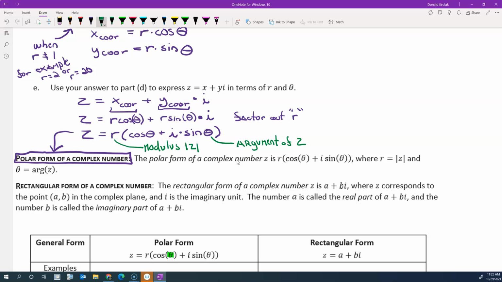So when you're asked what's the argument, it's asking you what's the angle. The argument is the angle. That's called the argument.